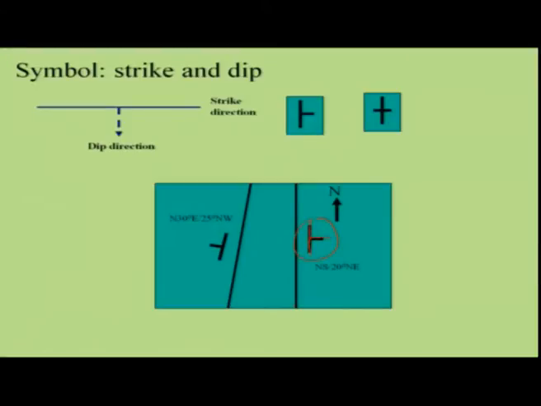Okay, and it will be given in a form where the first is the strike, and then the second is the amount of dip and the direction of dip, and similarly it has been given here also for this bed. And then the symbols for the vertical beds and the horizontal beds have been given here.